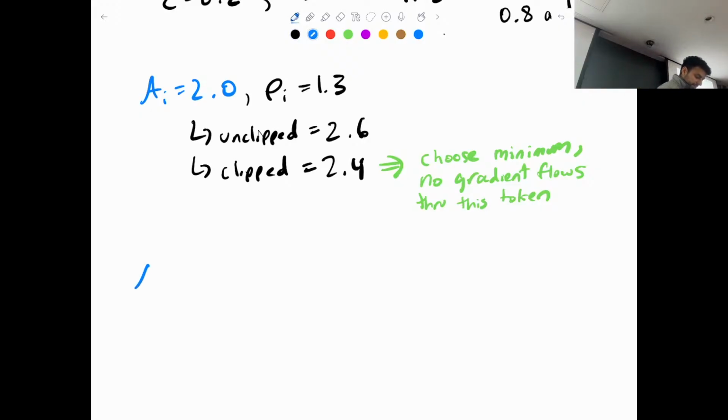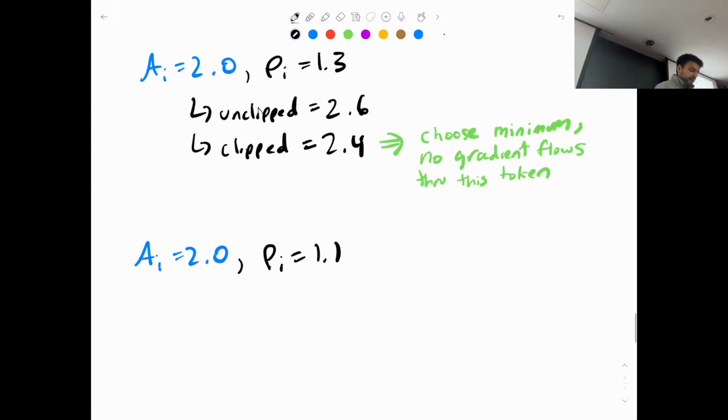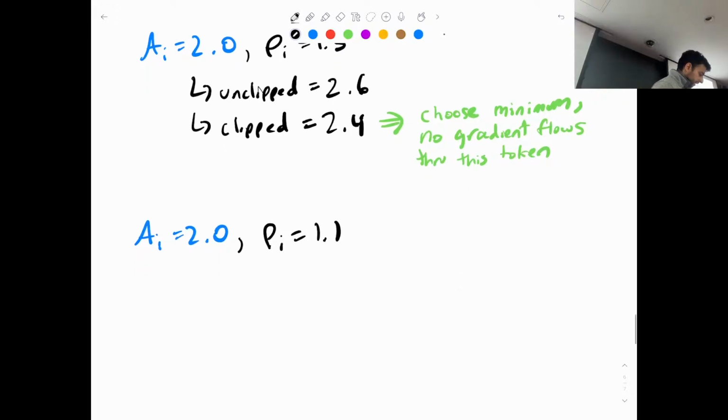Now, if we have the same case, except we have a lower policy ratio, now it indicates that this token is not as likely as in the first case compared to the old policy.